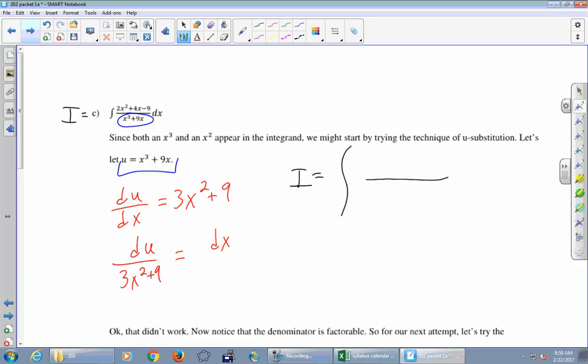Where does the u go? The bottom. We're going to get our dx replaced by this du over 3x squared plus 9. And we're going to copy anything that hasn't yet made the transition. So what's that? 2x squared plus 4x minus 9. Okay.